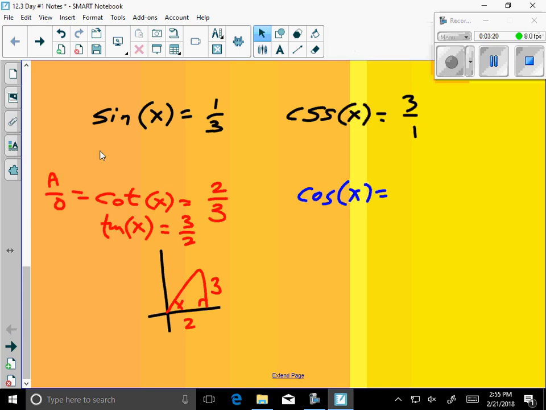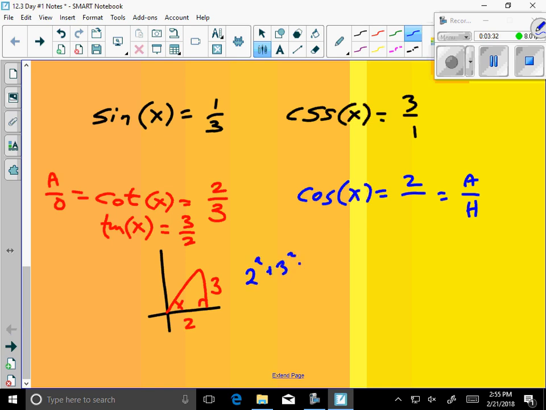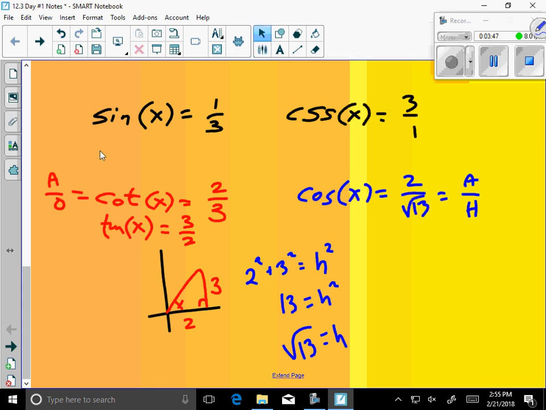Well, the cosine would be 2 over whatever the hypotenuse is, adjacent over hypotenuse. How could I find the hypotenuse? I'd use the Pythagorean theorem. 2 squared plus 3 squared equals, we'll call it h squared. So that's 4 and 9, which is 13. So the square root of 13 equals h. So if the cotangent is 2/3, then the cosine is 2 over root 13.